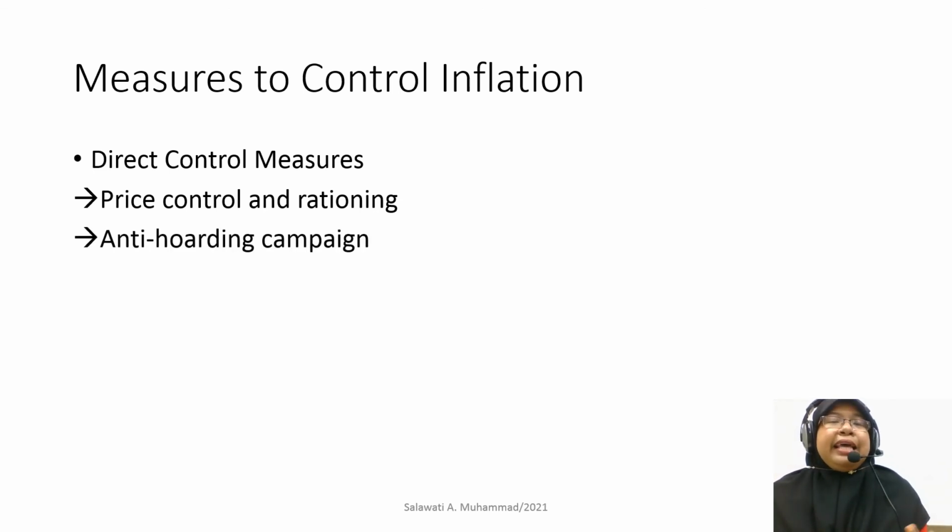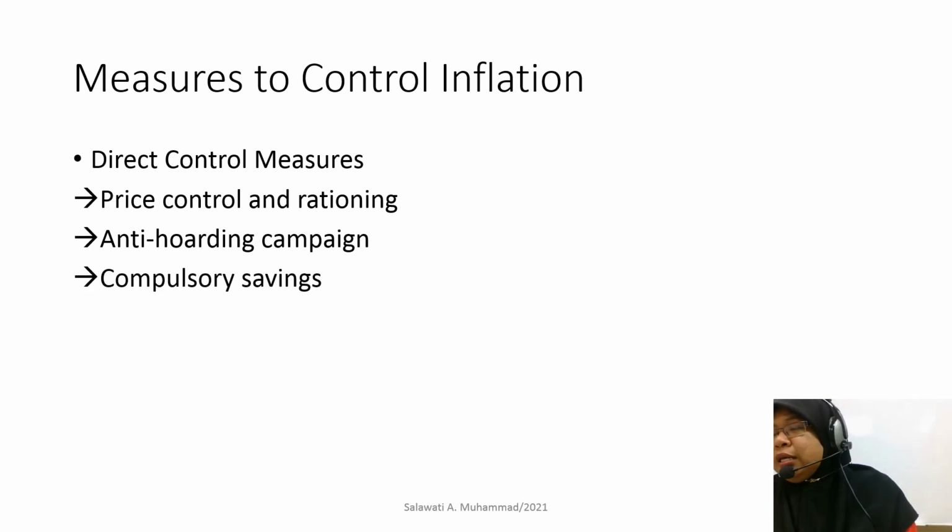The second is anti-hoarding campaign. This arises when reports are made against producers and consumers who store goods unnecessarily because such storing can cause an artificial shortage and push prices up. The last one is compulsory saving. To control inflation, it is essential to introduce a compulsory saving plan.